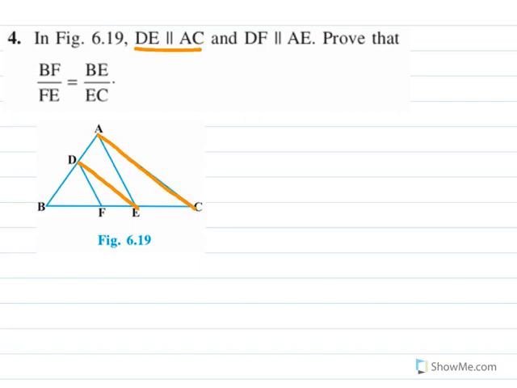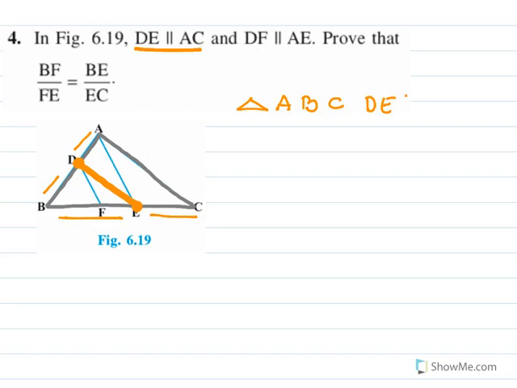So we take the triangle BAC, and these two lines are given parallel. So the points D and E divide AB and BC proportionally. So we have to say BD over DA equals BE over EC.